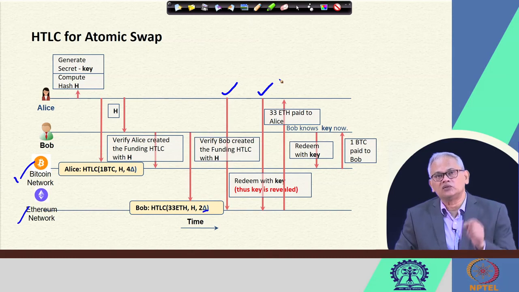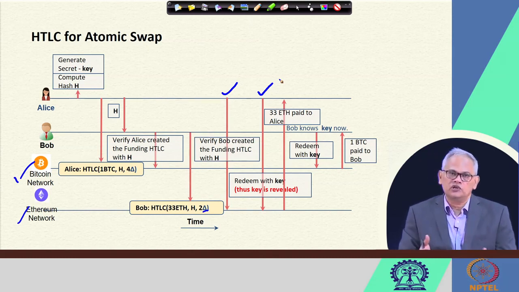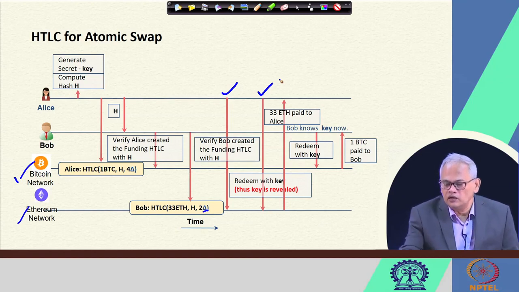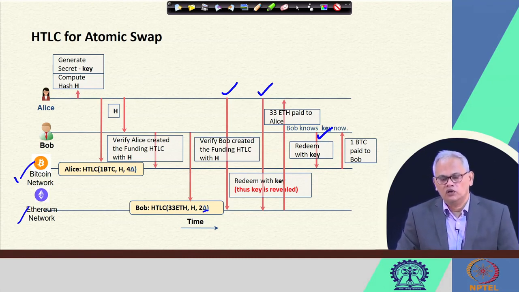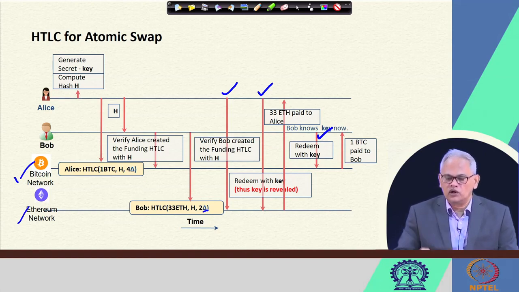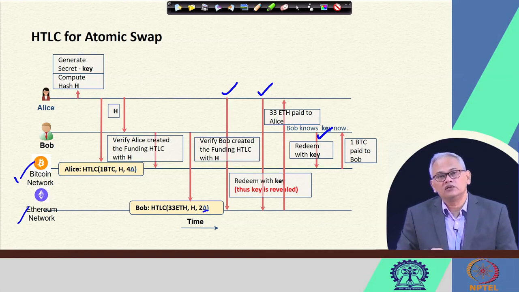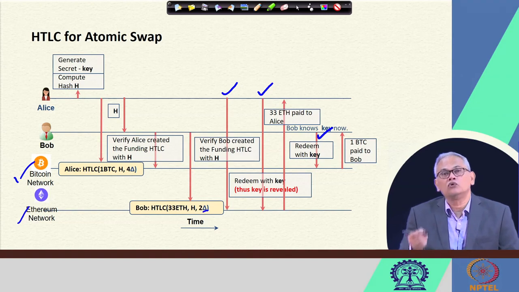But as we said, as soon as this key is revealed, Bob knows about it, and because Bob knows about it, Bob will use it to get back his 1 Bitcoin in the Bitcoin network. So, by revealing the key, Alice got the money from Bob in the Ethereum network, and because the key is revealed, Bob knows it, and Bob uses it in the Bitcoin network to redeem the 1 Bitcoin that was there in the contract created by Alice.